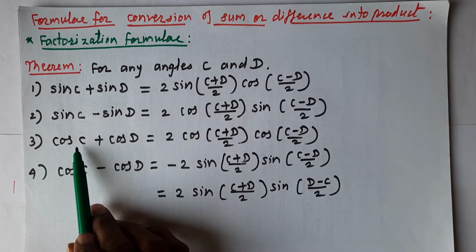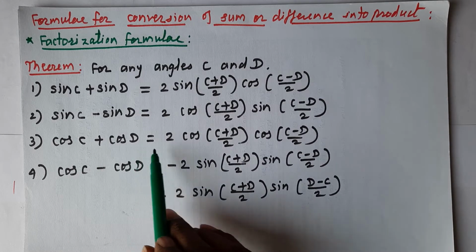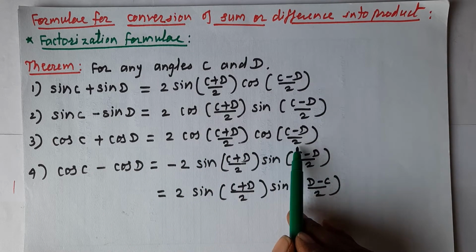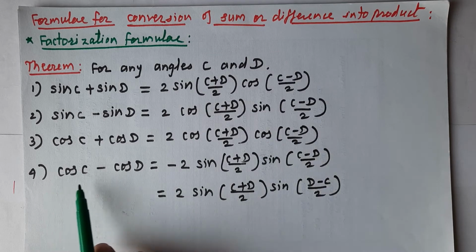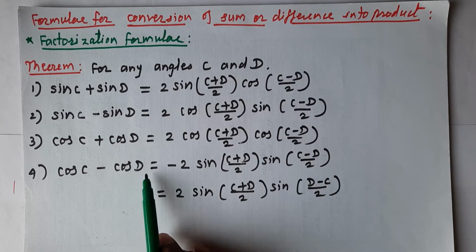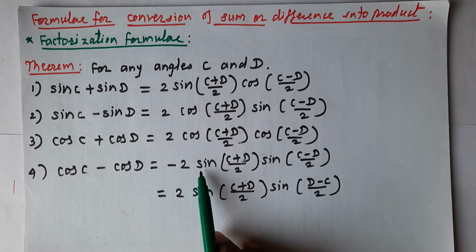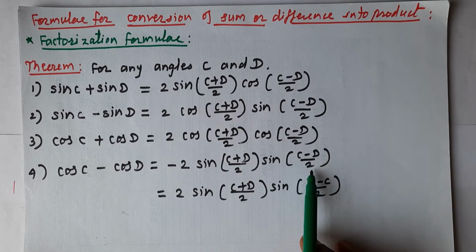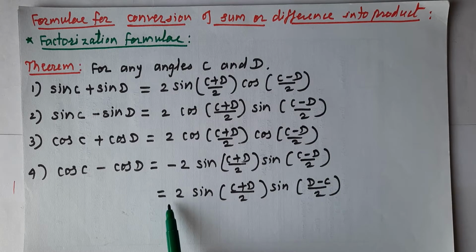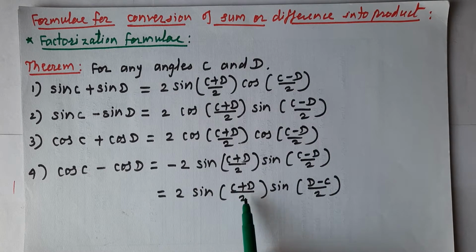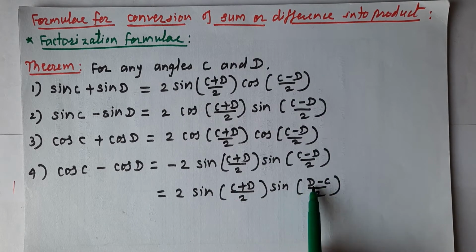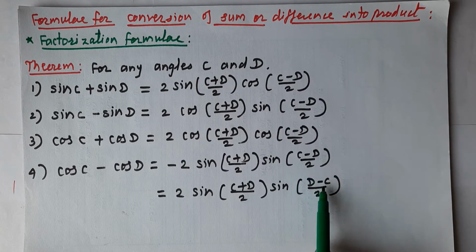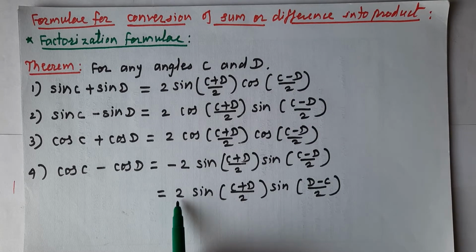Third formula: cos C plus cos D is equal to 2 times cos (C plus D)/2 cos (C minus D)/2. Fourth formula: cos C minus cos D is equal to minus 2 times sin (C plus D)/2 sin (C minus D)/2, or this can also be written as 2 times sin (C plus D)/2 into sin (D minus C)/2. Here is C minus D, here is D minus C, if there is plus sign here.